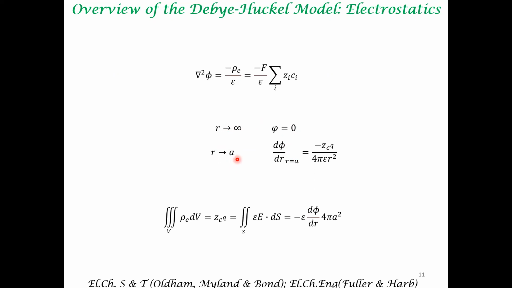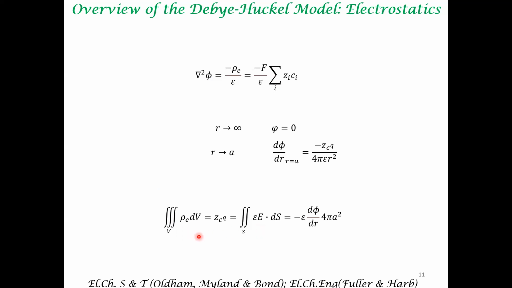Then this is the Poisson equation. The second law I would use for electrostatics is the Gauss law. You must have revised your electrostatics. What I can get from Gauss law is that I can convert a volume integral to a surface integral.